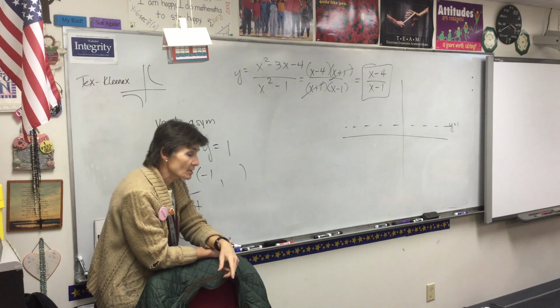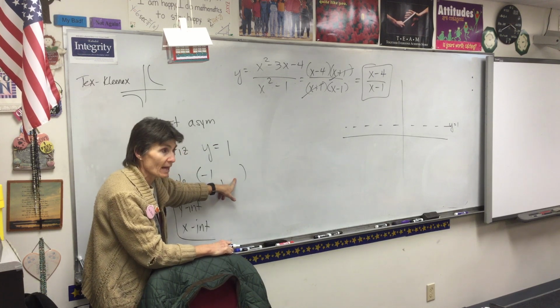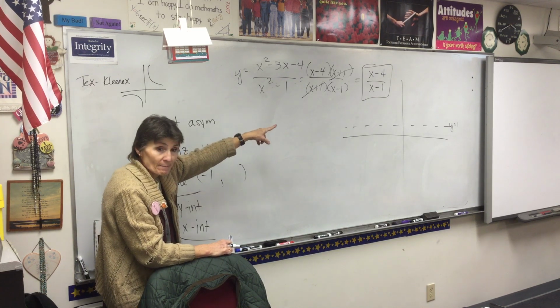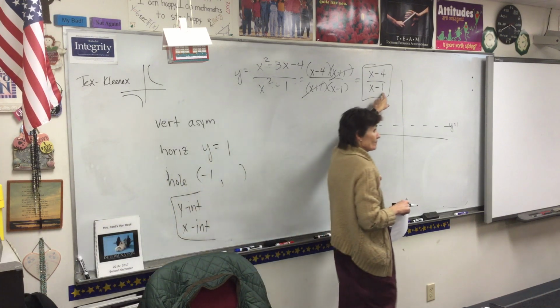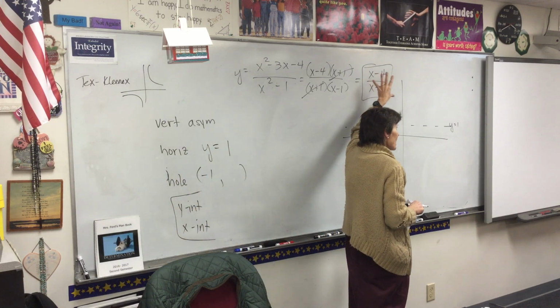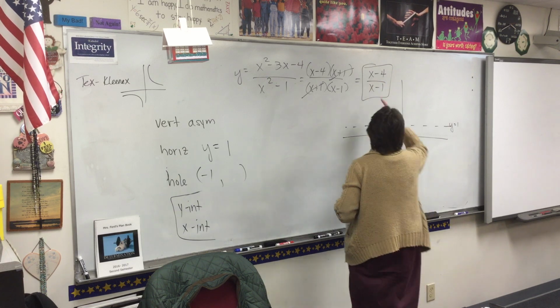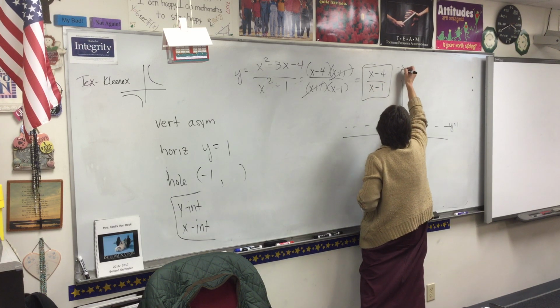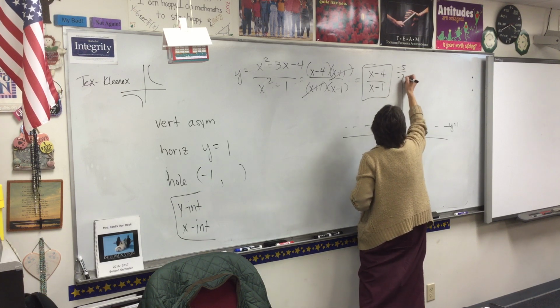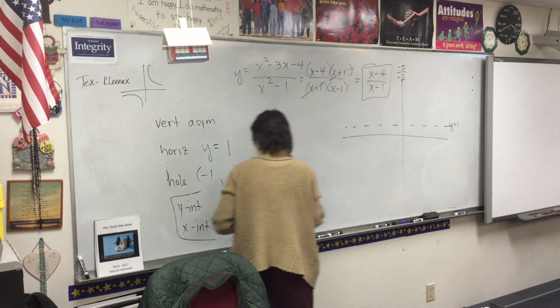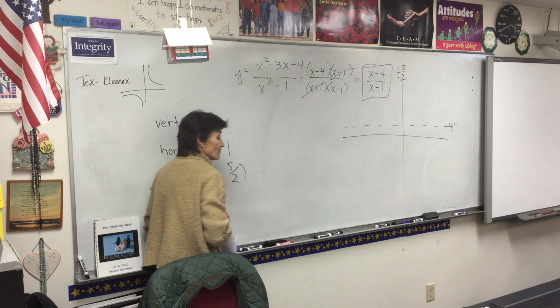Now, how do you think you'll find the y part of that? You're going to plug it right back in, but you're going to plug it in over here. This is now your problem. This is where you're looking. So if I put in negative 1, I'll get negative 5 and negative 2, which is 5 halves.